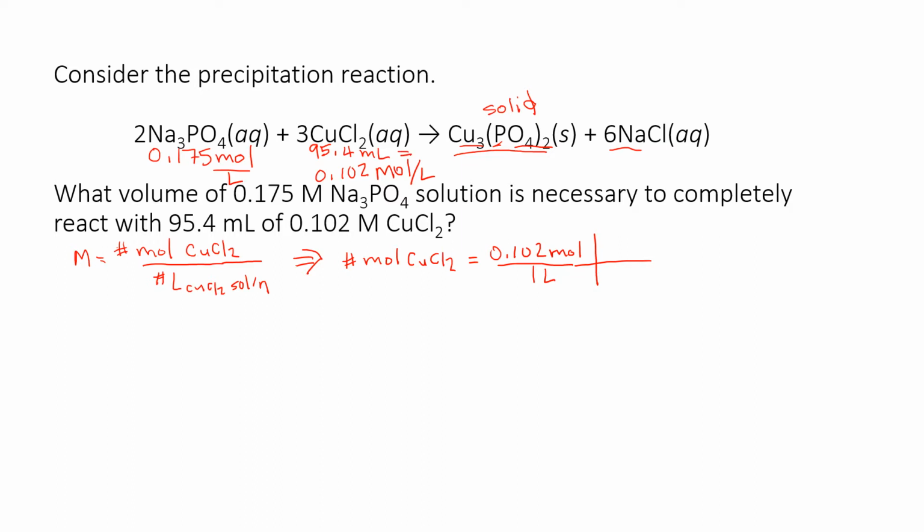I am going to move the decimal point here 1, 2, 3 places to the left. So that'll give me 0.0954 liters of copper 2 chloride solution.